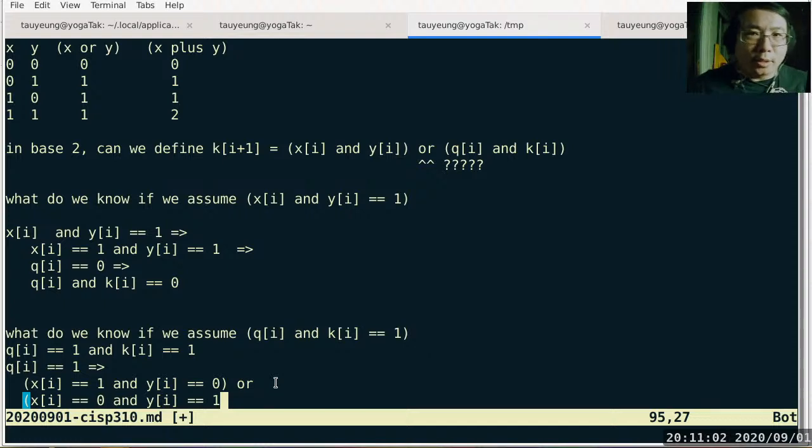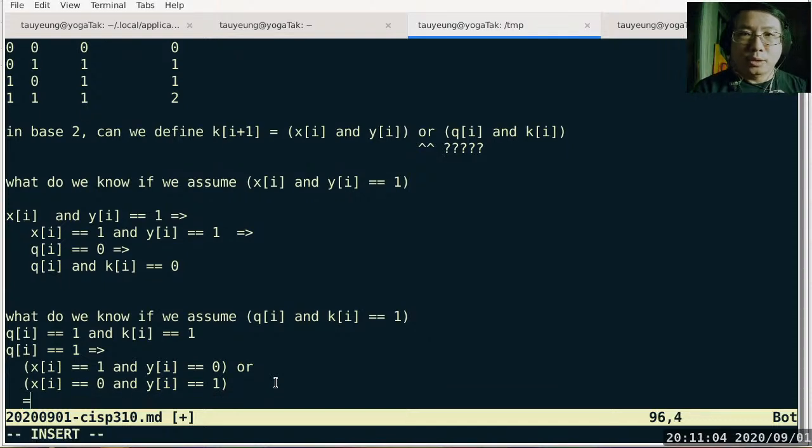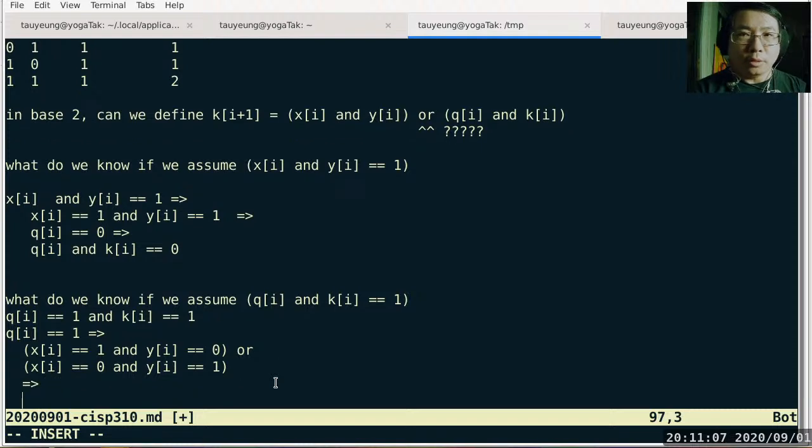Why is this important? We now say it also implies what about Ki? So we know x, y, oh, okay, there we go.